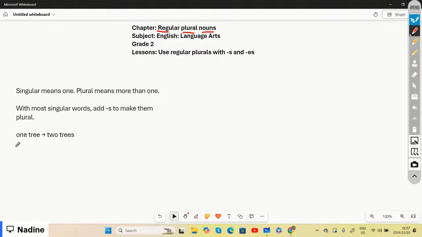Plural refers to anything that is more than one, anything that is two or more. So plural noun means that there are two or more people, animals, places, or things.